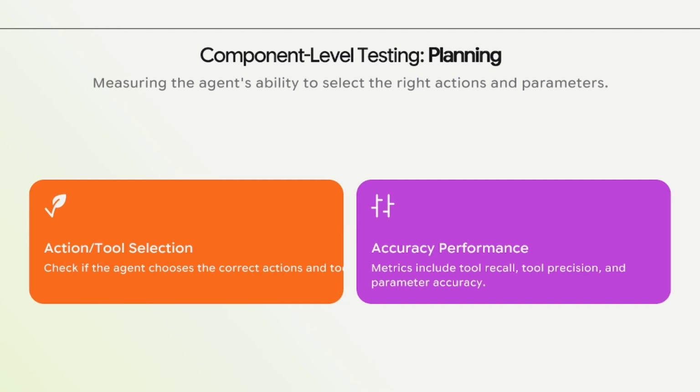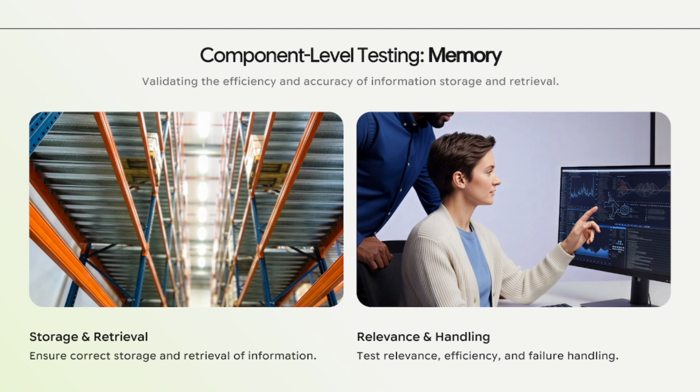Check if the agent can choose the correct action and tool, route to a particular tool, and map a problem to the tool that is supposed to solve it. Accuracy performance metrics include tool recall, tool precision, and parameter accuracy.